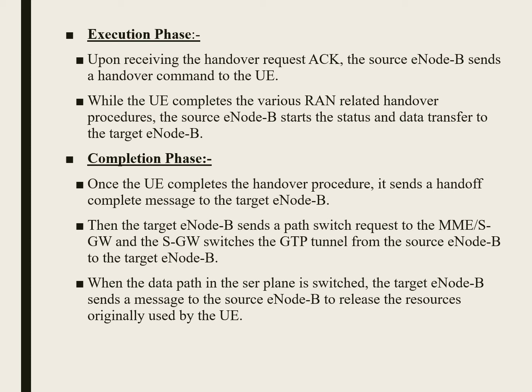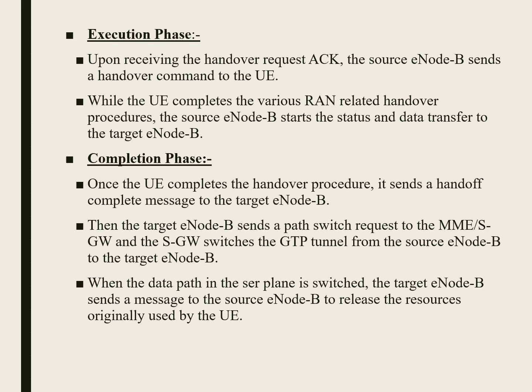In the completion phase, once the user equipment completes the handover procedure of data as well as status information, it sends the handover complete message to the target eNode. Then the target eNode B sends a path switch request to the MME and service gateway, and the service gateway switches the GTP tunnel from the source eNode to the target eNode.